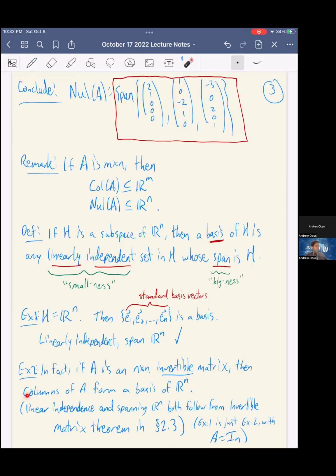If I take the identity matrix, then its columns are exactly these standard basis vectors: 1, 0, 0, and so on. So these are a couple of examples of subspaces of Rn, and in this case, both times the subspace is just Rn itself and a basis. Okay, good.